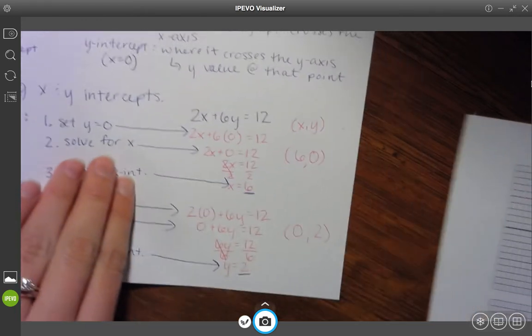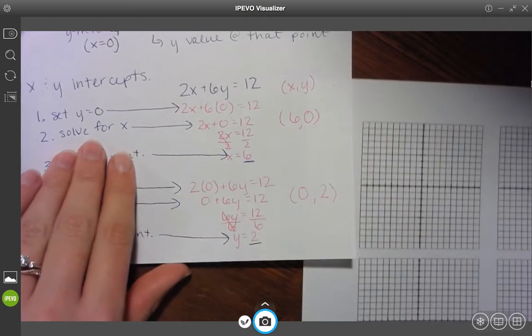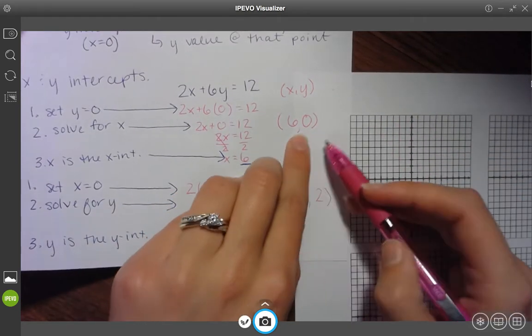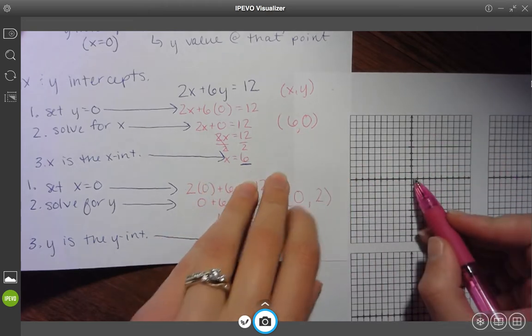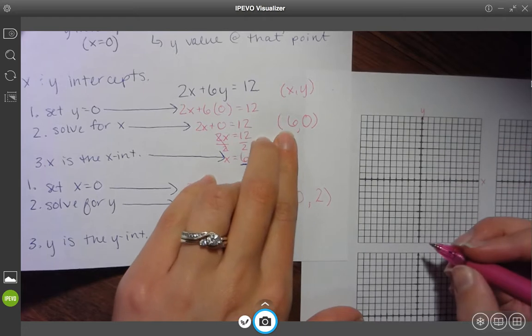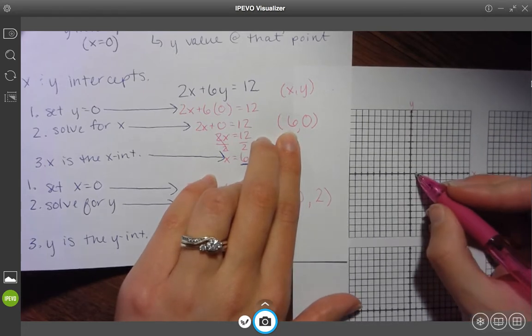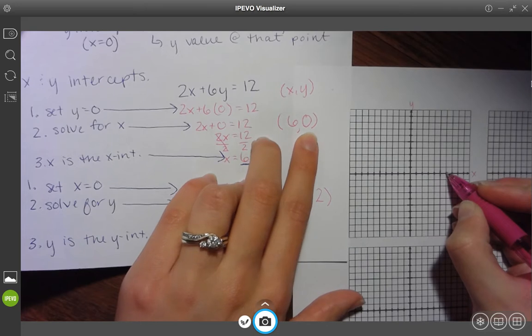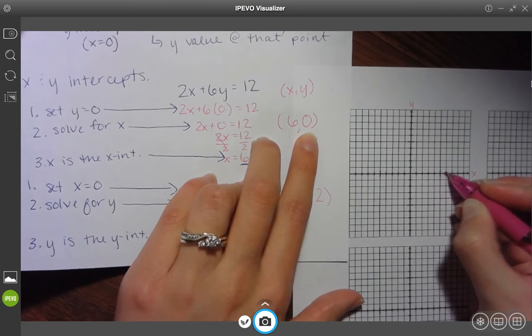So if I bring over my graph paper, 6, 0 means I'm going to go 6 in the x direction, so 1, 2, 3, 4, 5, 6, and then 0 in the y. So I'm not going up or down, I'm staying right where I am and put a point there.